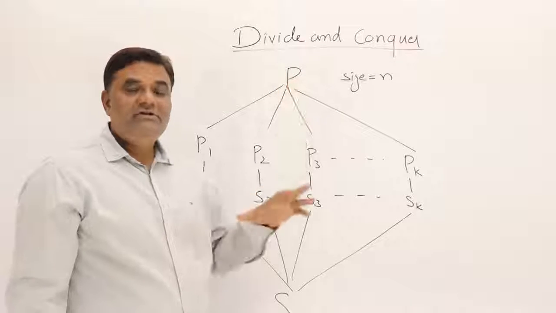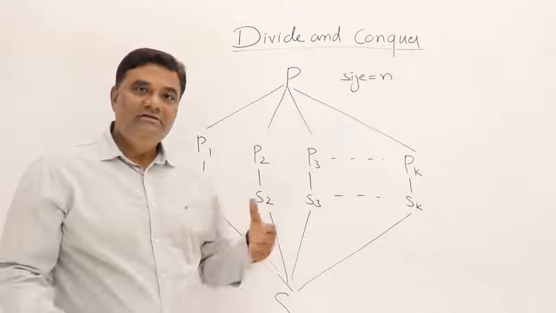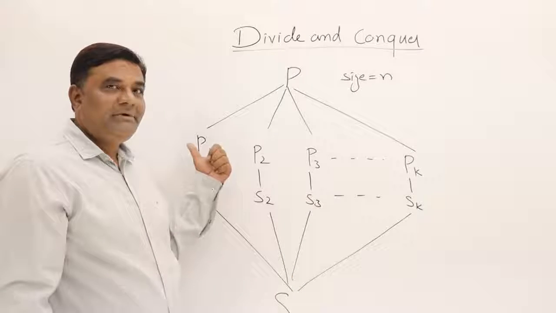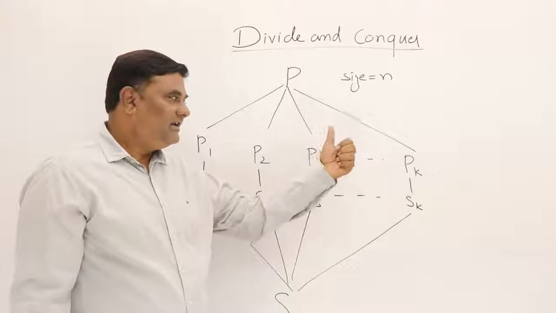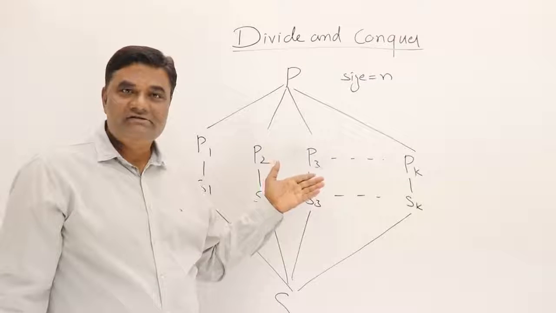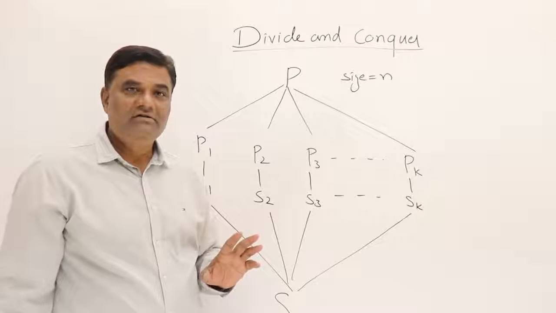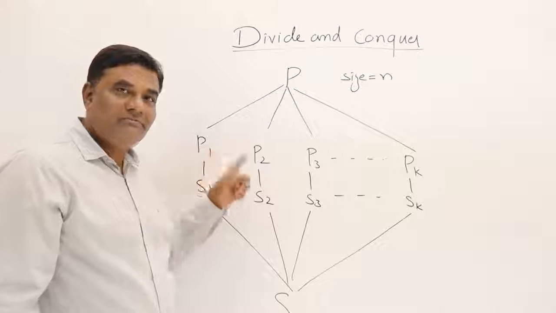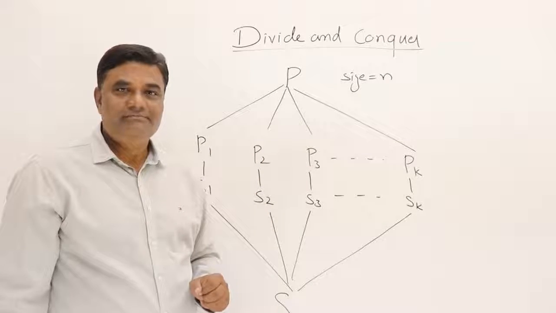If a problem is to conduct a workshop at a college, then it's a big work. So you can divide the work: preparing invitations, preparing posters, inviting guests, arranging resource persons. Each is a different task. No, this is not divide and conquer. If, for example, the problem is sort, then the sub-problem should also be sort only. Then we call it the divide and conquer strategy.